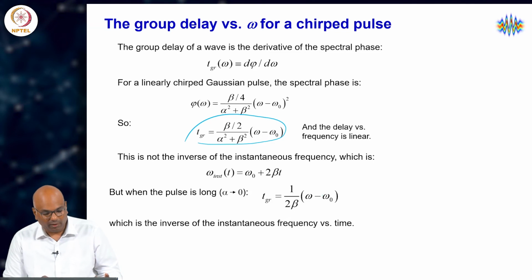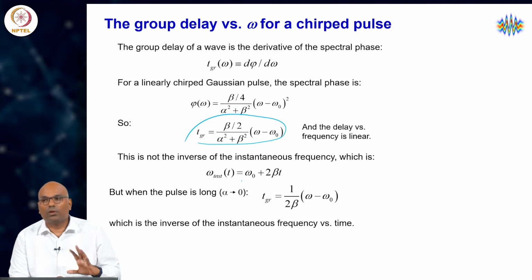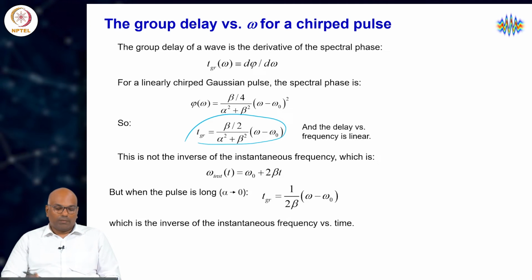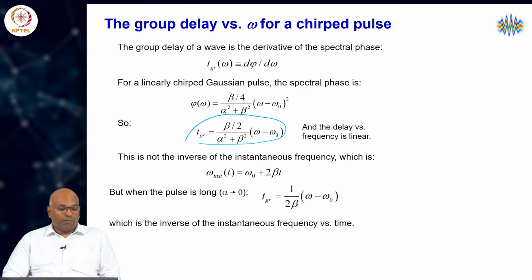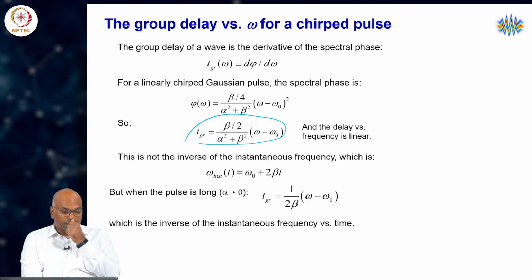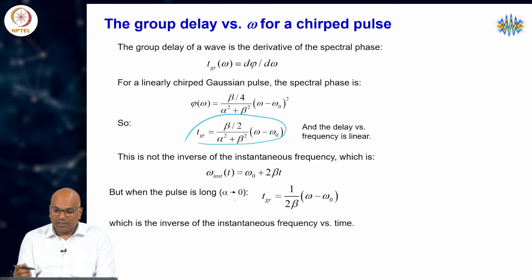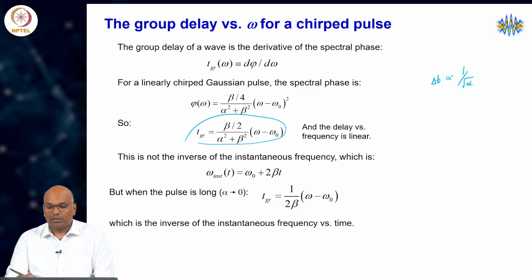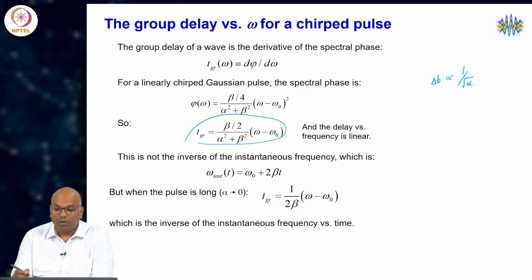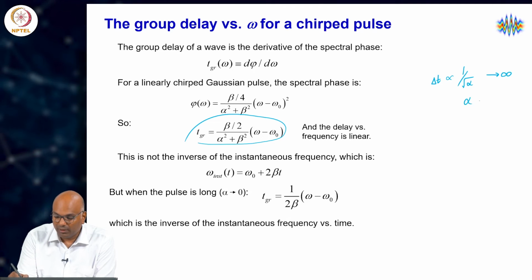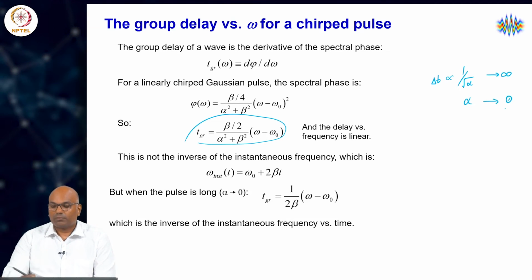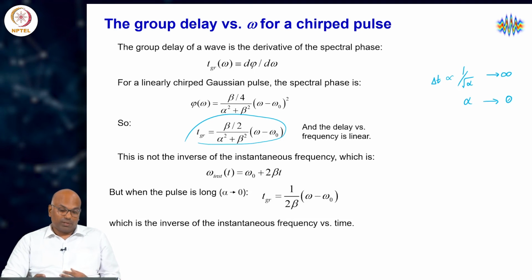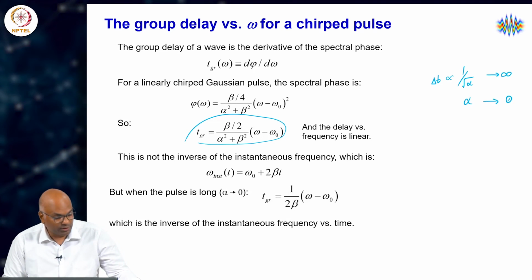The point was made that the group delay and instantaneous frequency, though they are analogous quantities, are not reciprocally related in terms of mathematical exactness, whereas for fairly long pulses, where delta t tends to infinity, ergo alpha tends to 0, the group delay and the instantaneous frequency can indeed turn out to be inverses mathematically of each other.